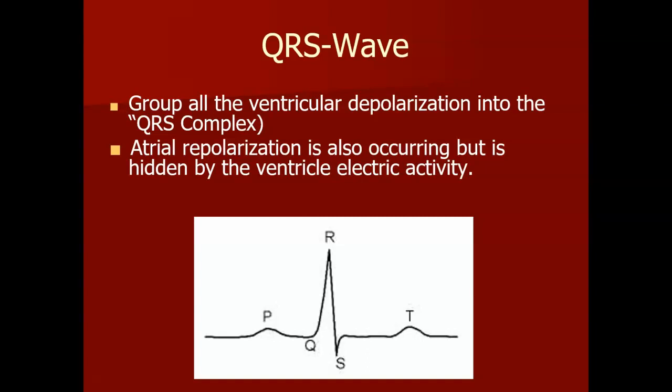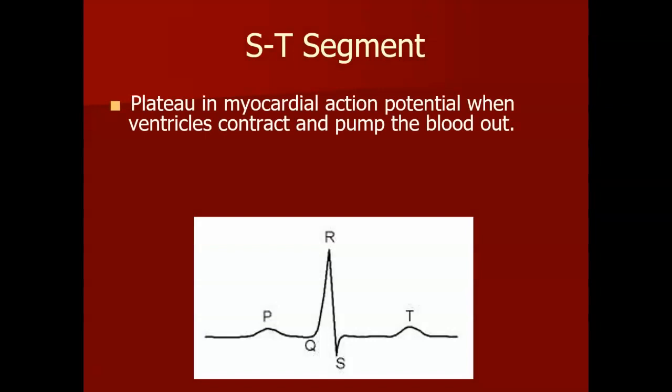So basically the ventricular contraction shows up more dominantly over the atria relaxing. As the ventricles contract, the atria are relaxing, and as the atria contract, the ventricles are repolarizing. Keep in the back of your mind that this is occurring at the same time, even though we don't necessarily see it on the ECG. We just refer to this QRS wave as ventricular depolarization.